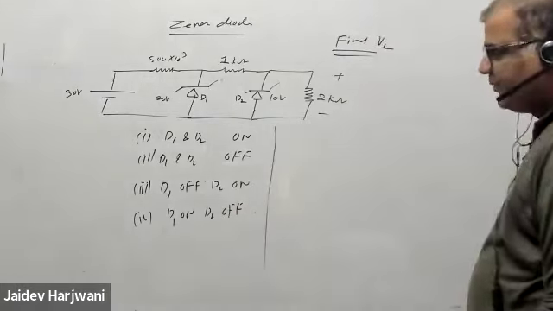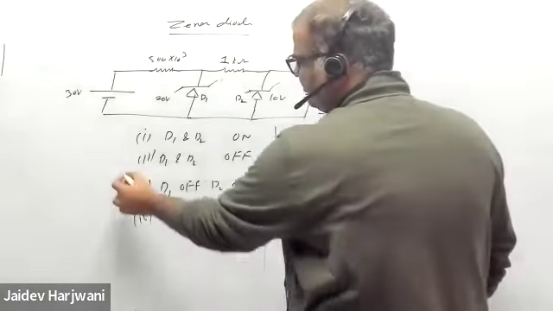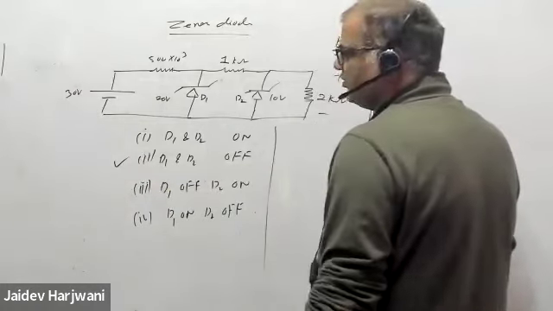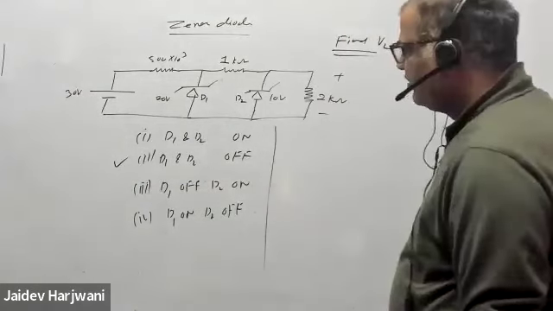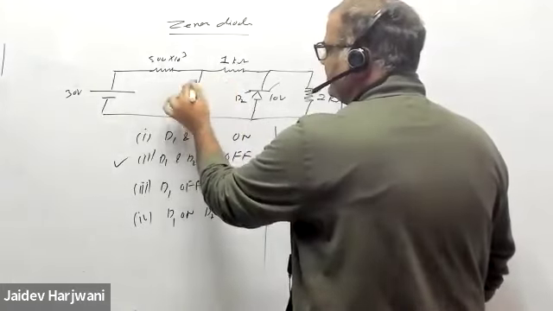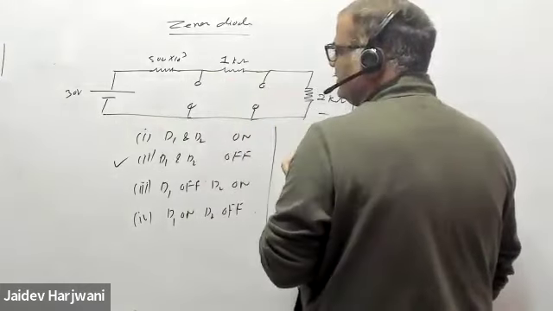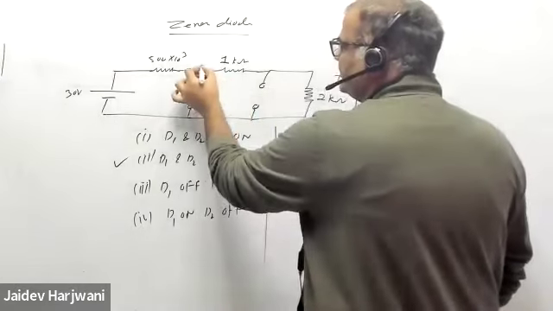So suppose I start with both off first. I'll say both are off. If both are off, what will happen? This is also off, this is also off. Now check the voltage at this point and this point.